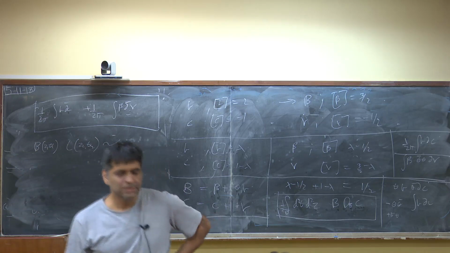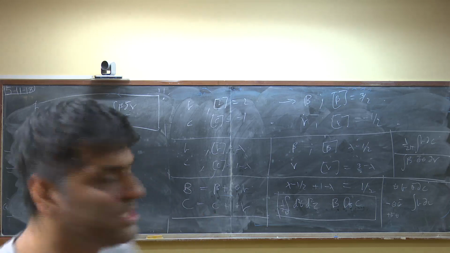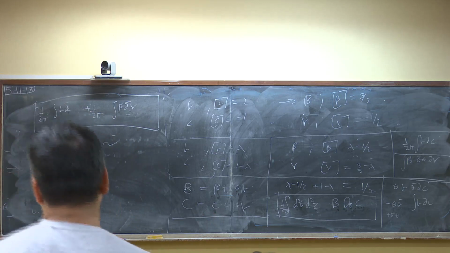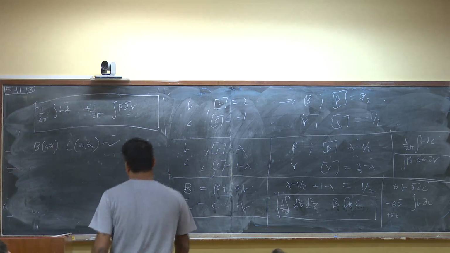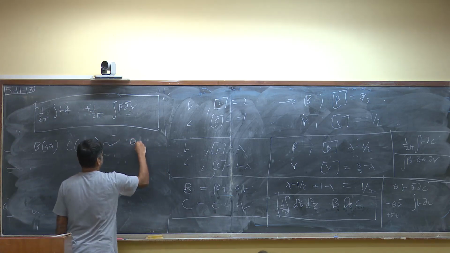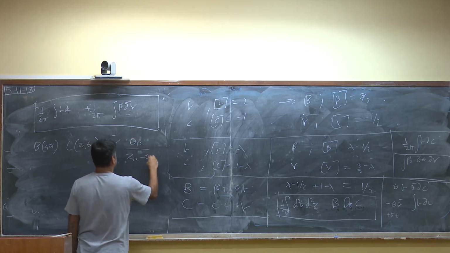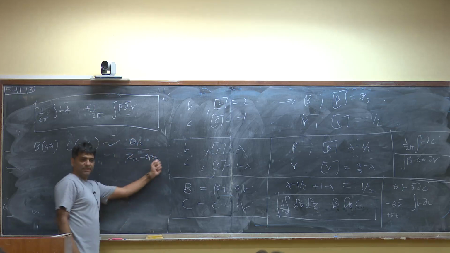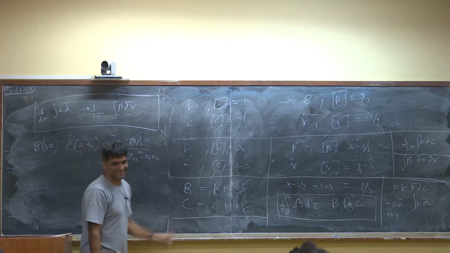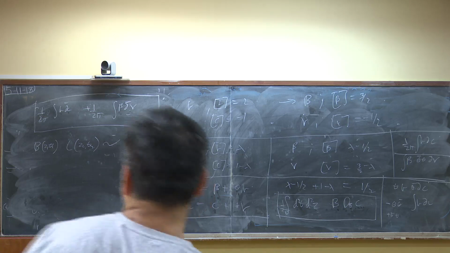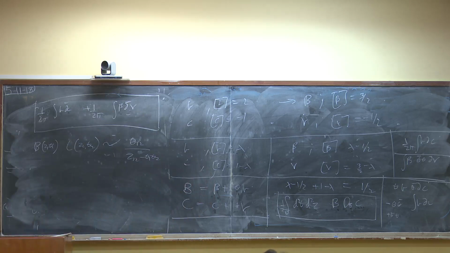Okay, so we've already checked that the dimensions of B and C add up to half. Exactly. So in order to get anything interesting, what we will need is theta 12 divided by Z12 minus theta 1 theta 2. I put this theta 1 theta 2 to be fancy because it makes no difference, because when you Taylor expand it against the theta 12, we'll get 0.